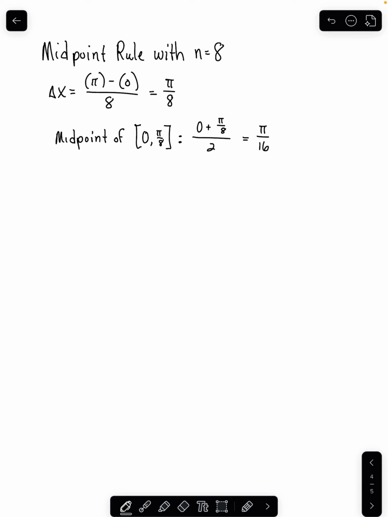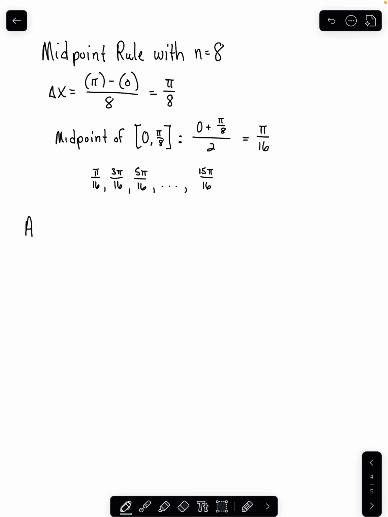Each other subinterval is going to have a midpoint that is spaced out by pi over 8. So our midpoints then are going to be pi over 16, and then 3 pi over 16, and then 5 pi over 16, etc., up to 15 pi over 16. These are our midpoints.